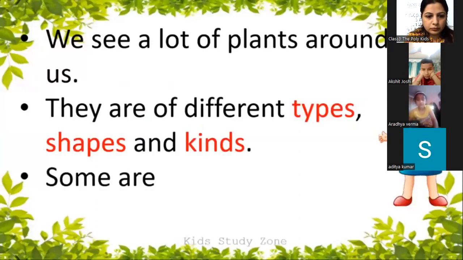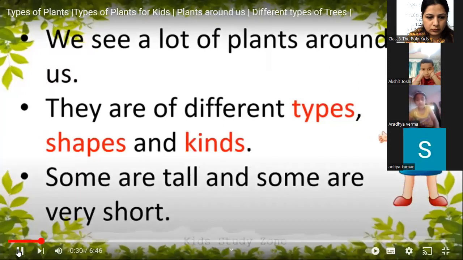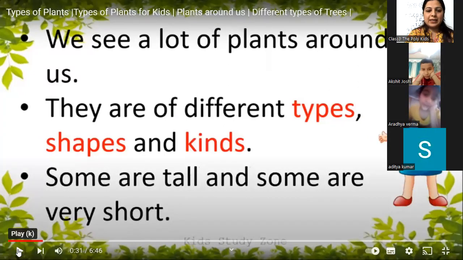They are of different types, shapes, and kinds.